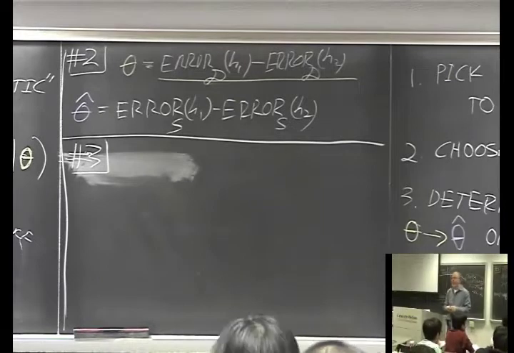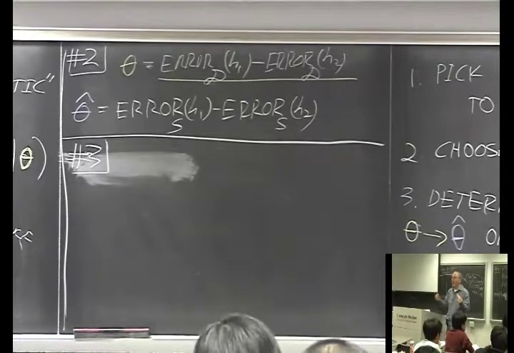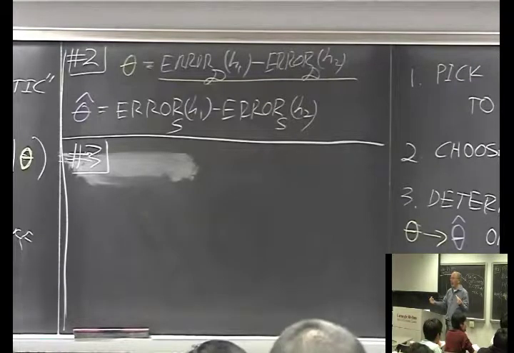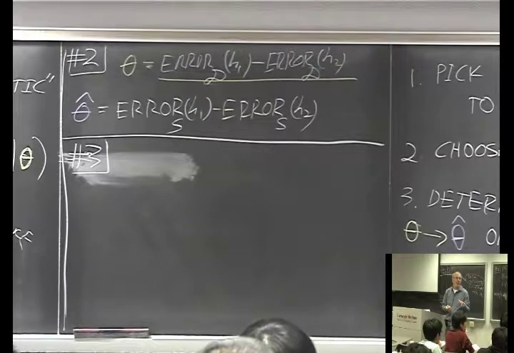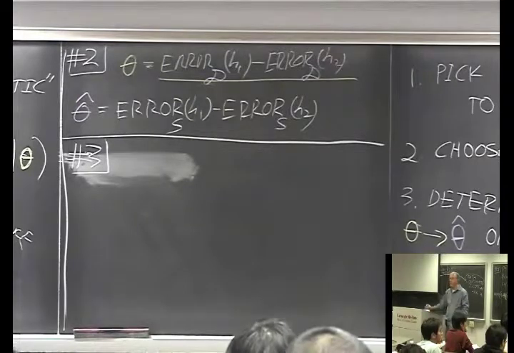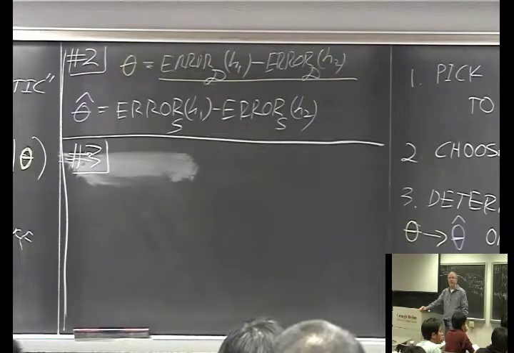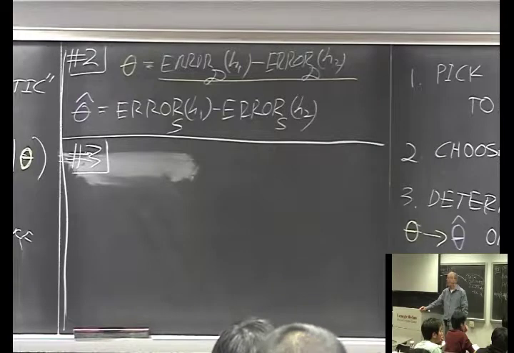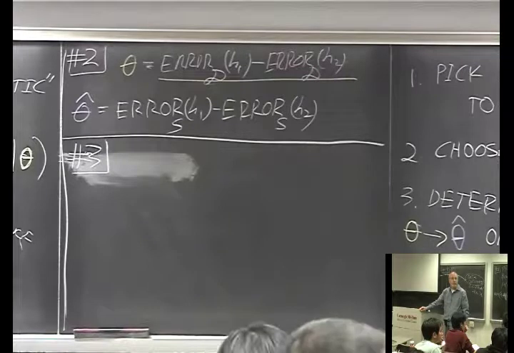To remind you, number 3 is, given two learning algorithms, which one is better with regard to producing a lower error or more accurate hypothesis? Go ahead. Please.